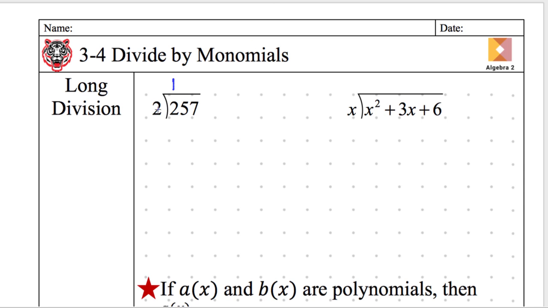All right. So 2 goes into 2 one time, and then I go ahead and I multiply 1 times 2. 1 times 2 is 2. But here's the trick. This is probably the most common error when we do polynomials, to say, okay, 2 and 2, do we just add those together?